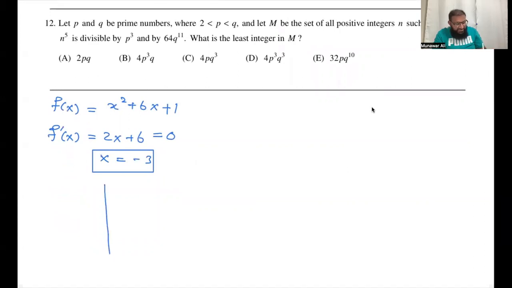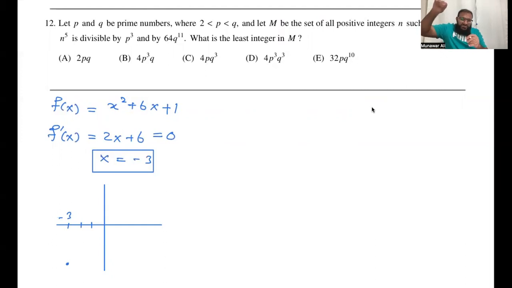So at x equal to -3, there exists the minimum of this particular function. So obviously the domain of the function is from -3 to positive infinity.